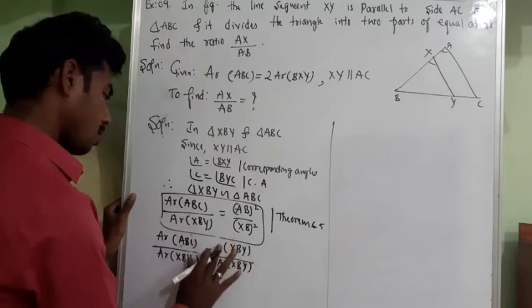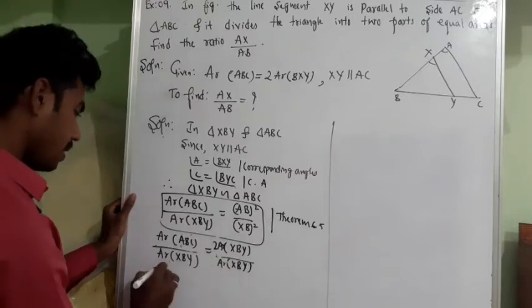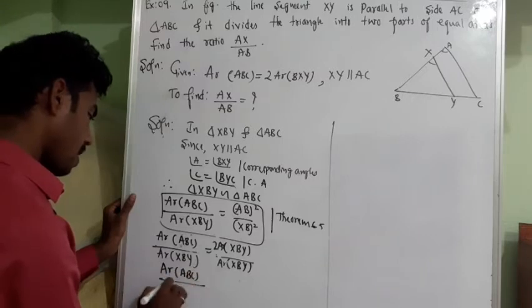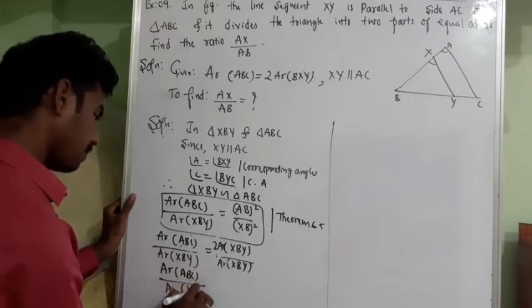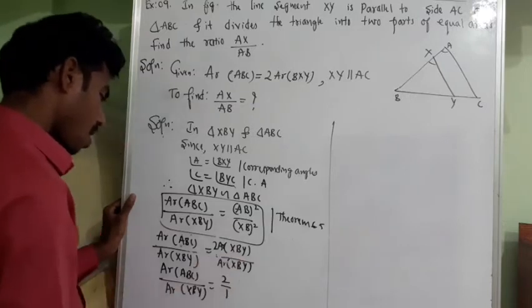So what we get? So area of triangle ABC divided by area of triangle XBY is equal to 2 by 1.